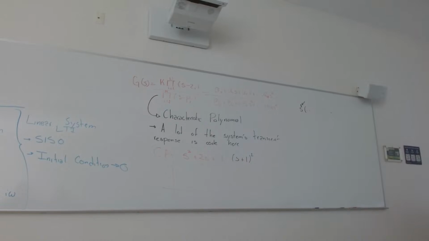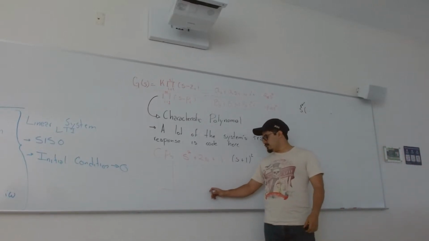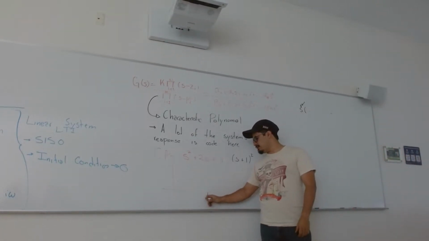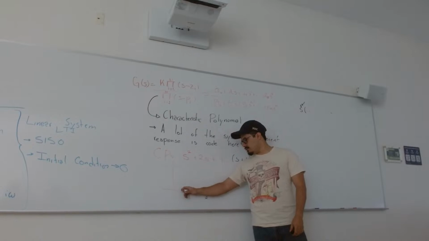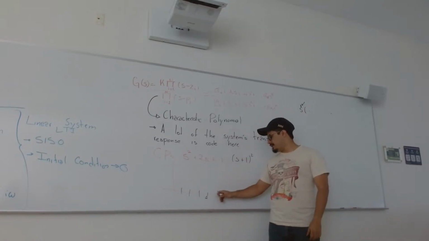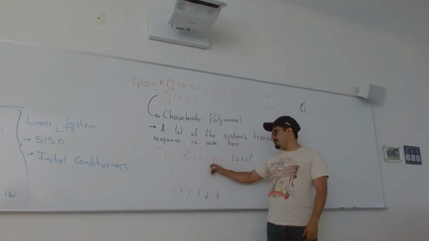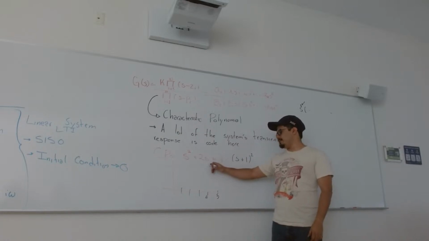What else? What's my settling time? 4 seconds, between 4 and 5 seconds. Okay, so somewhere around 4 seconds, to 5 seconds, I have convergence within 2 percent, and 1 percent.